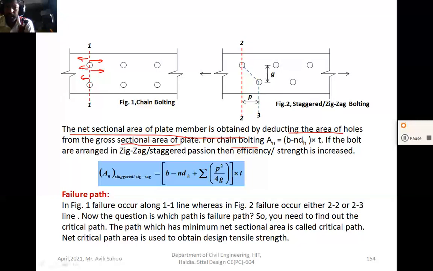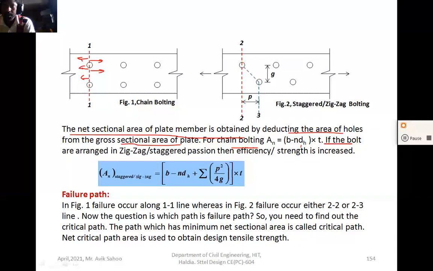For chain bolting, the net area is B, the width of the plate, minus N, the number of bolts used for connection, times DH, the diameter of the hole, times T, the thickness of the plate.